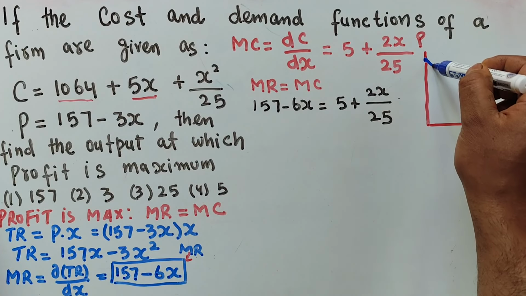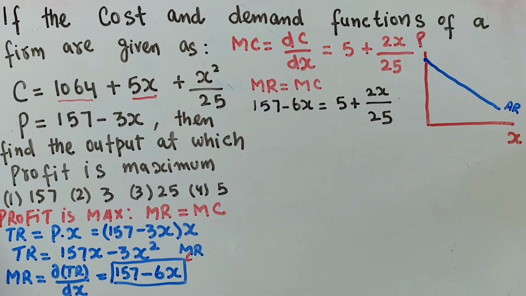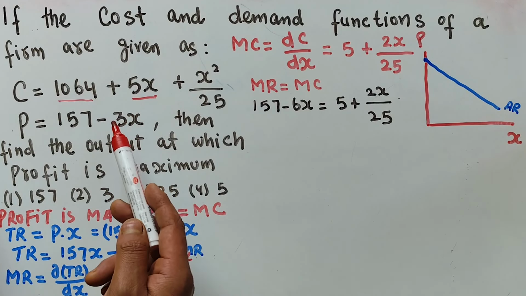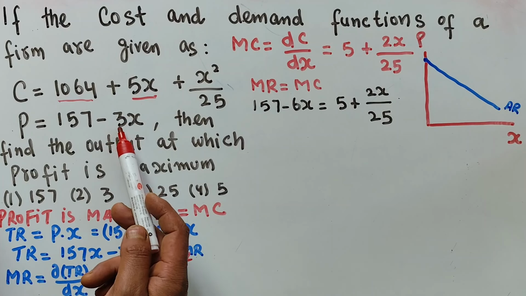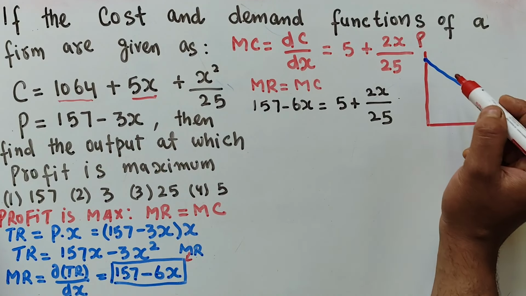This we call the average revenue function also. We have the marginal revenue function with the same price intercept, but the slope is twice that of the average revenue function. The slope of the average revenue function is 3x, but the slope of the marginal revenue function is 6x, that is twice that of the average revenue function.